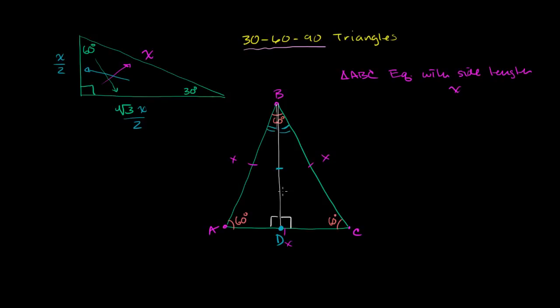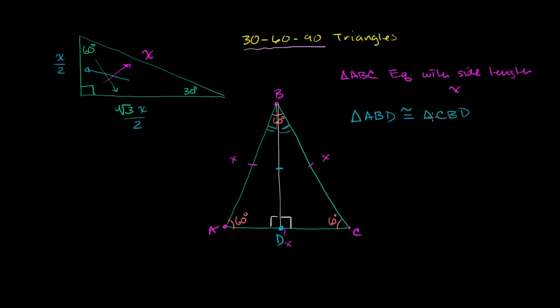And so you can actually use a variety of our congruence postulates. We could say side-angle-side congruence. We could use angle-side-angle. Any of those to show that triangle ABD is congruent to triangle CBD.